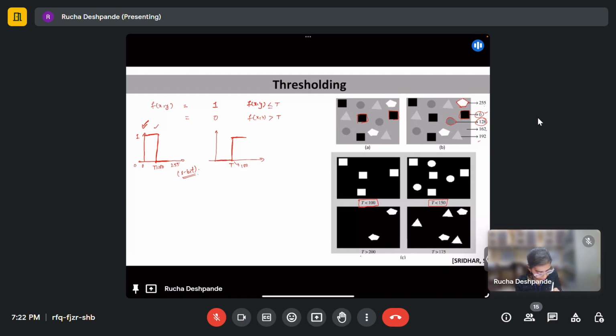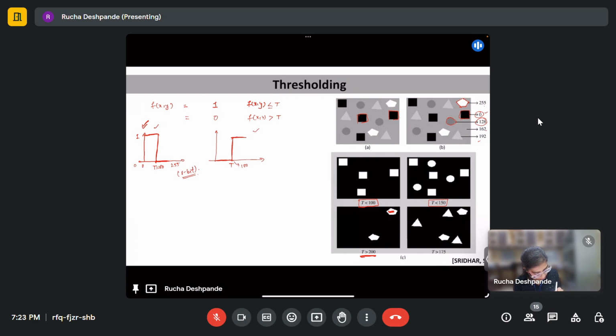Now here the threshold is T greater than 200. All the objects which have DN values greater than 200 will appear brighter and everything else will be dark.